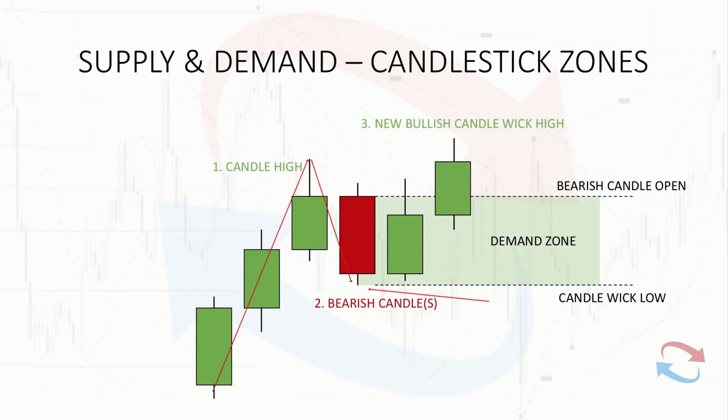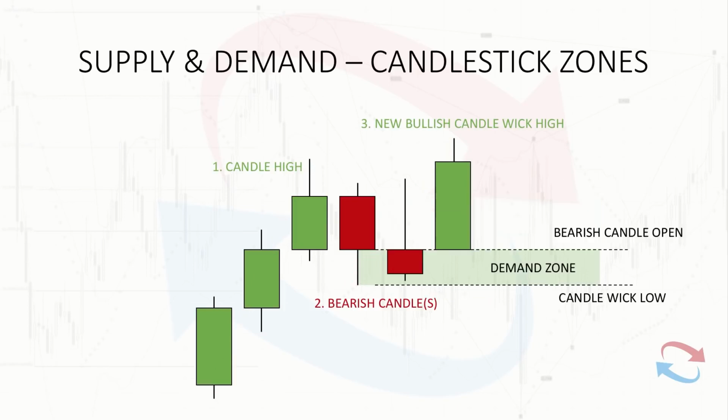And as long as price makes a new close high or a candle wick high and it's a bullish candle, then we draw our demand zone from the bearish candle's open price to the wick low in the sequence.